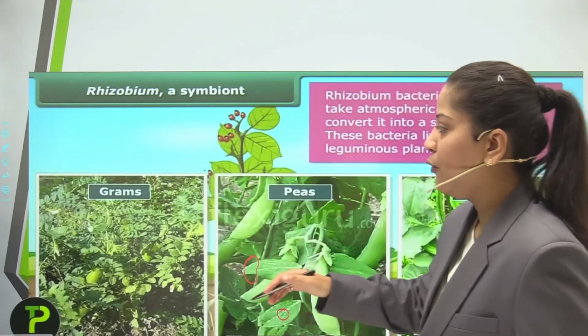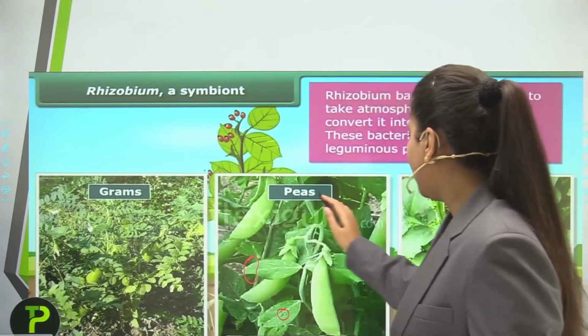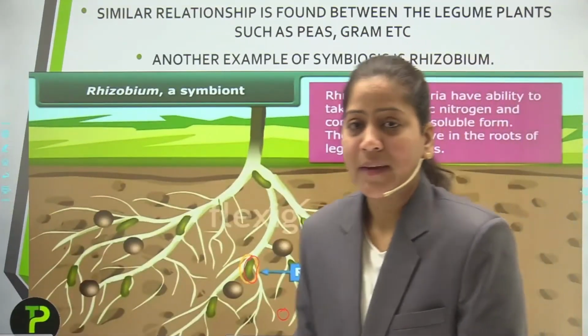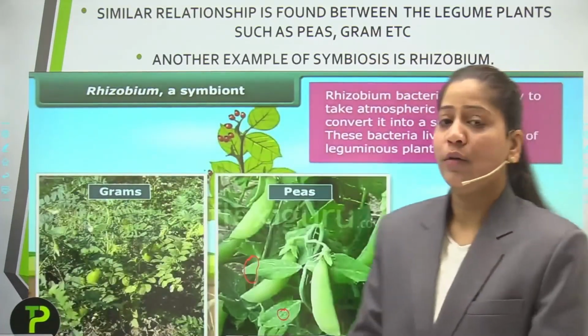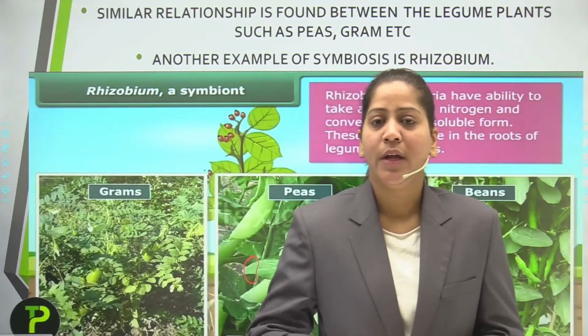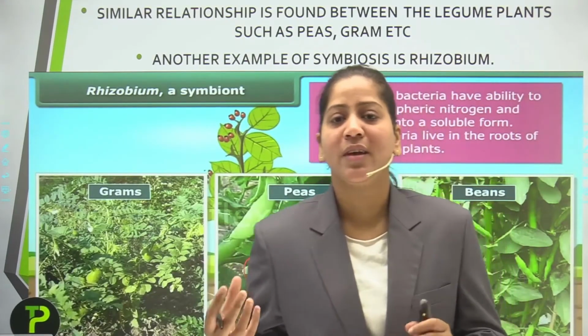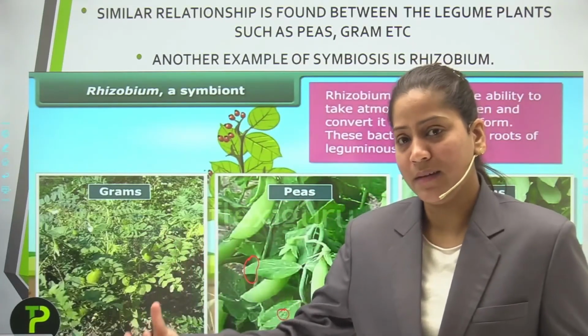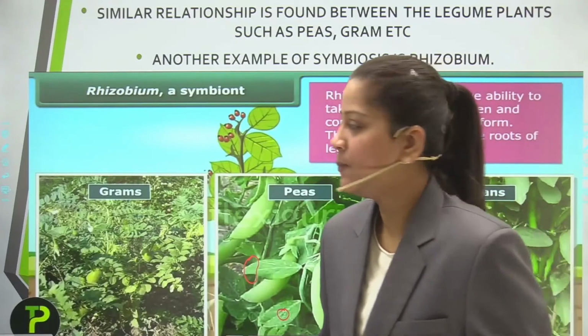What are examples of leguminous plants? Grams, peas and beans. Now, rhizobium bacteria have the ability to convert atmospheric nitrogen into nitrogenous compounds which are soluble in soil, so it can provide nitrogenous compounds to plants.